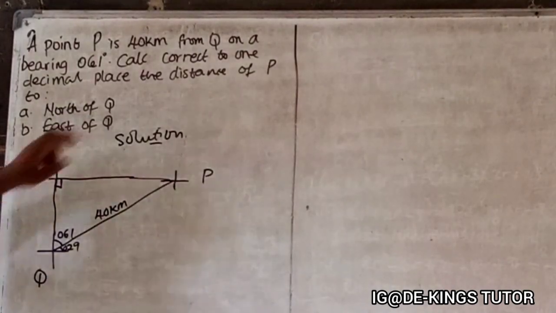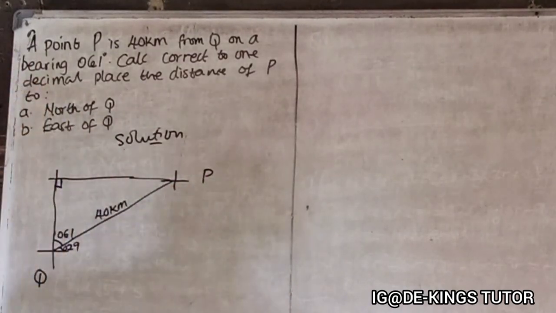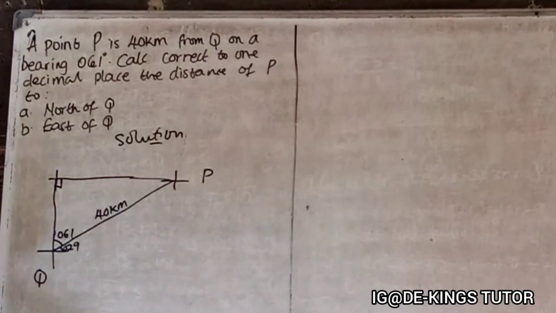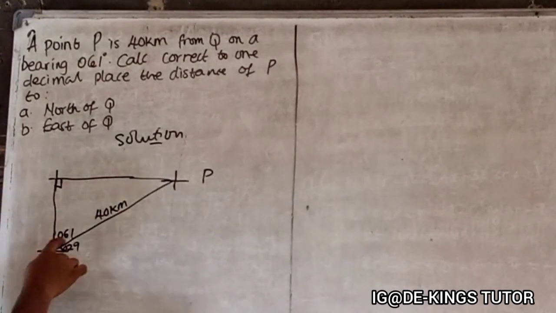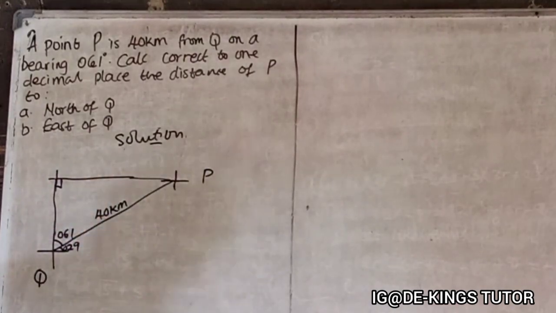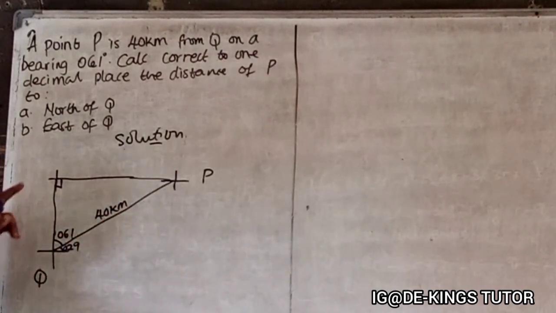So the distance of P to the north of Q, that is this part. In this situation now, we have this angle here, 61 degrees, and this side here is the hypotenuse. So we're looking for this part.